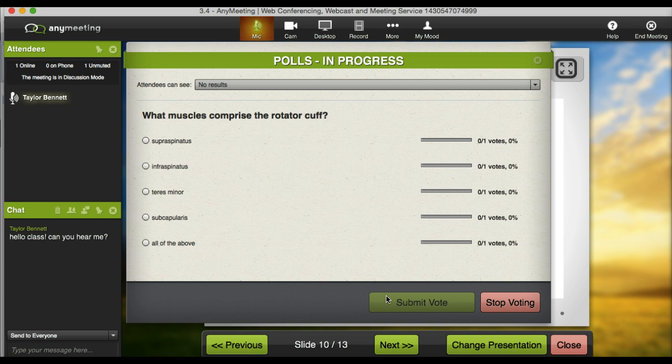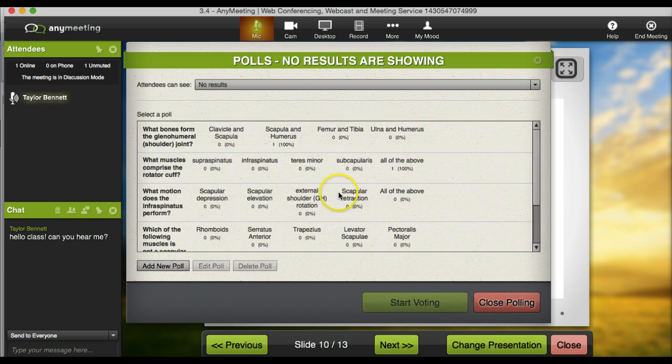What muscles comprise the rotator cuff? The supraspinatus, the infraspinatus, the teres minor, the subscapularis, or all of the above? I'm going to go with all of the above because that's always a good answer, right? I'm going to tell you that that is the correct answer. So we're going to stop voting here.